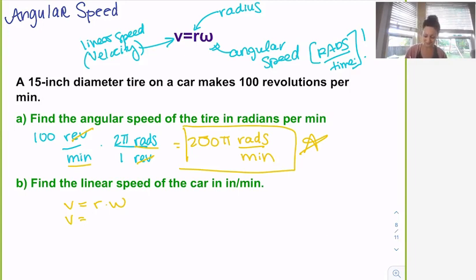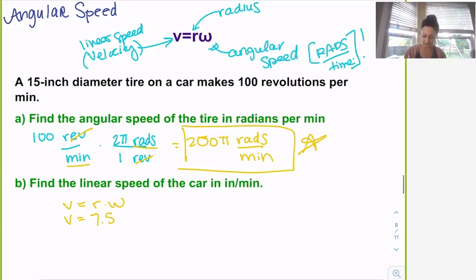So R is going to be 7.5 inches, right? And then omega is my 200 pi rads per minute. And if I multiply all that out, that's approximately 4,712.389. Always round to 3 decimal places unless directions say otherwise.